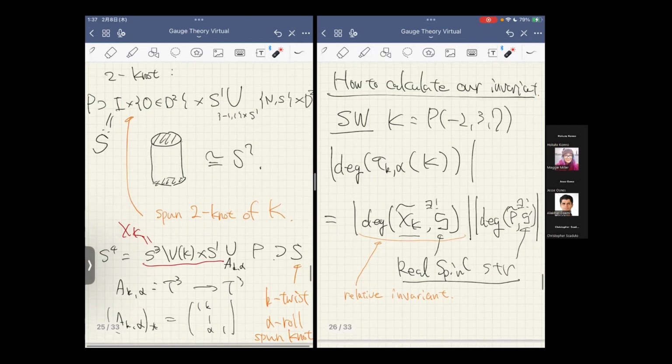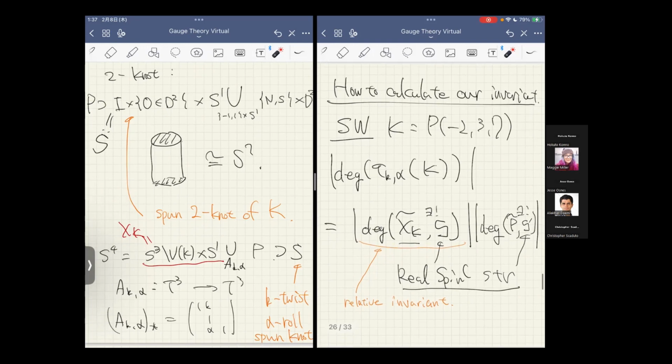So under this construction, let me explain how to calculate our invariant.